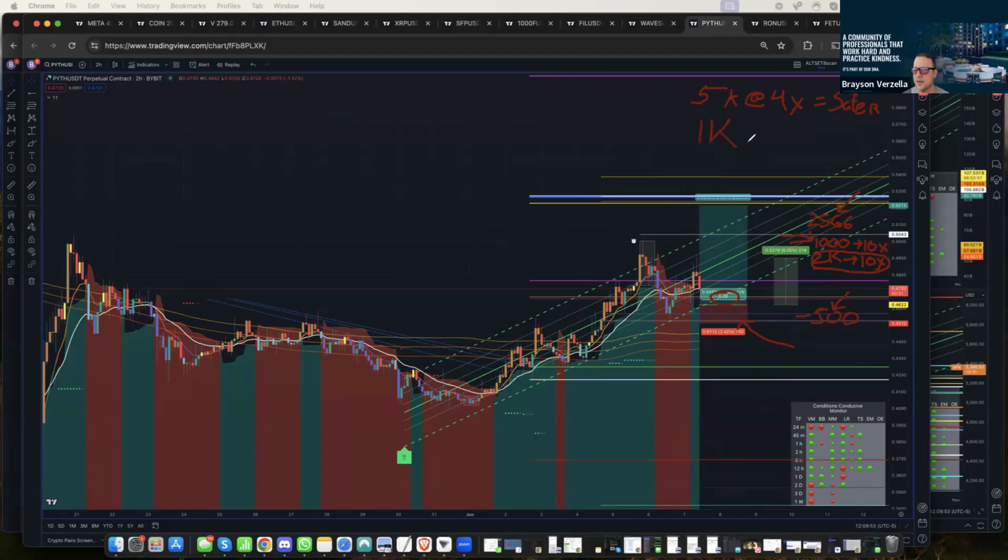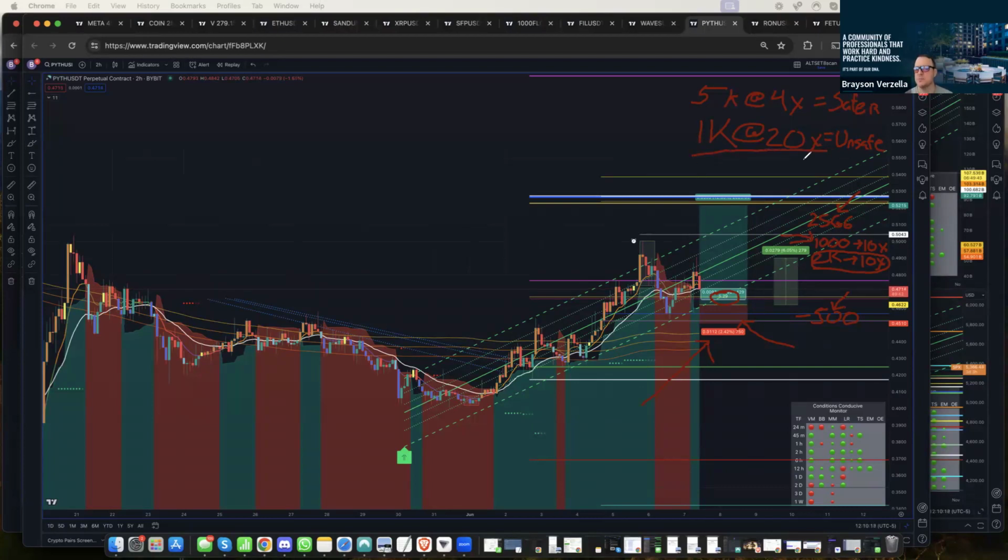Of course, this is with the stop loss, but then 1K at 20x, right? To get that 20K result. And when I say unsafe, assuming they both have stop losses like this, you can't get the same asymmetry out of this one.